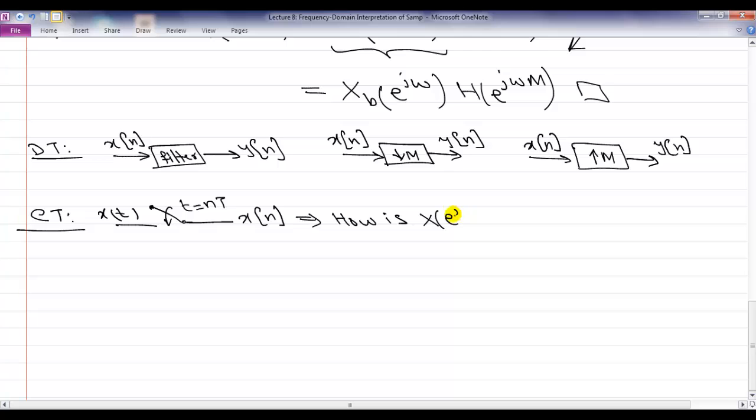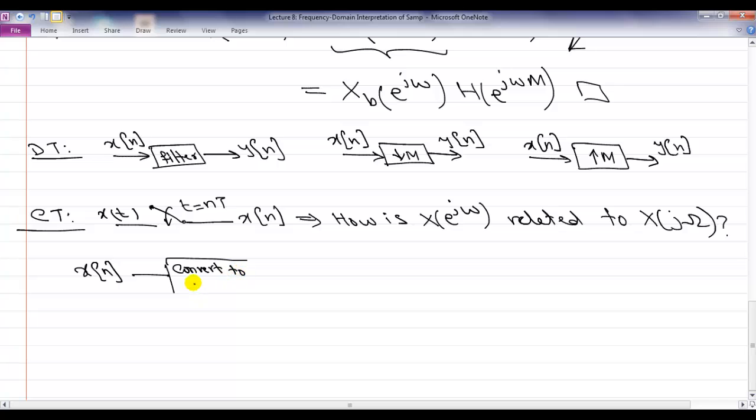How is X(e^{jω}), the DTFT of the sequence, related to X(jΩ), the continuous time Fourier transform of the continuous time signal? Similarly, we haven't discussed the case where we start with a discrete sequence and convert it to an impulse train with a period T, where we get x_s(t) equal to the summation of x[n] δ(t − nT).